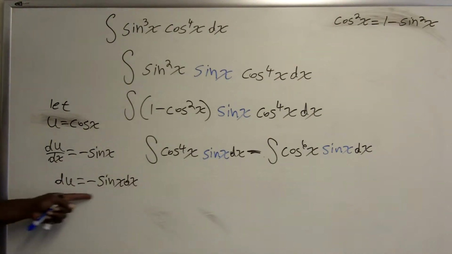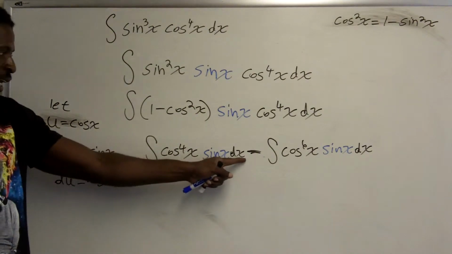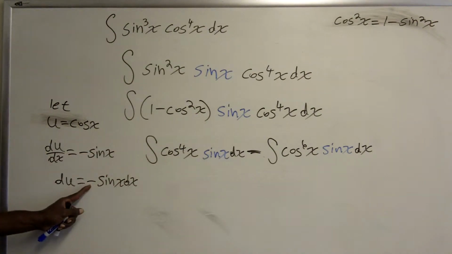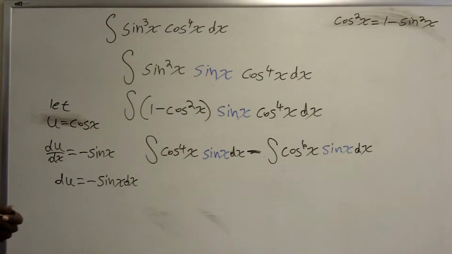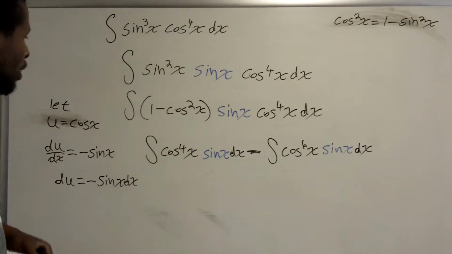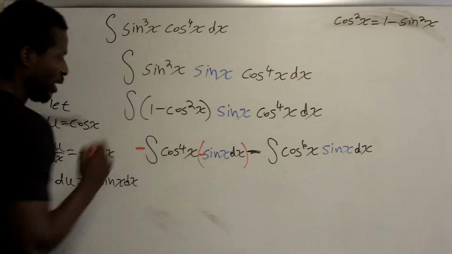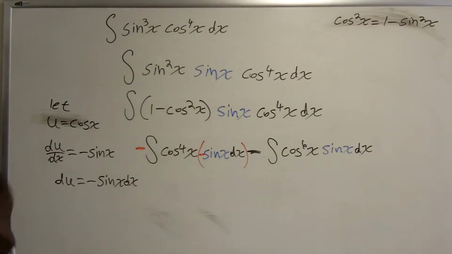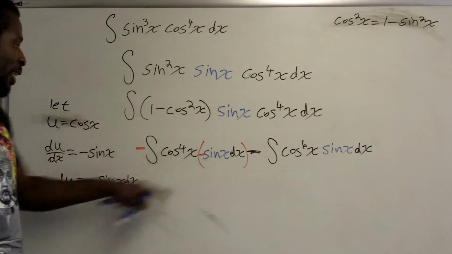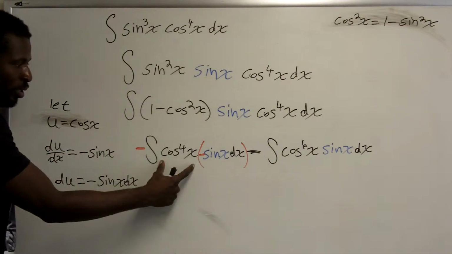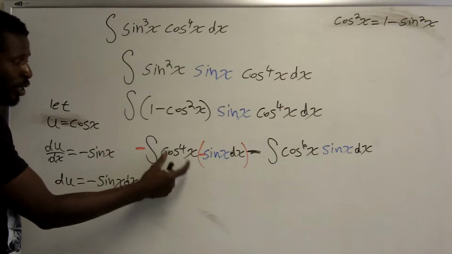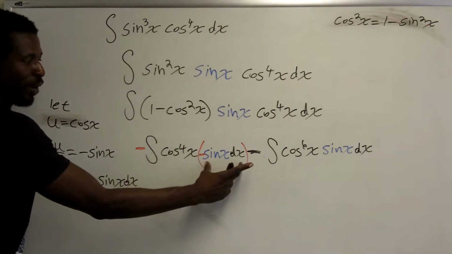So I have everything I need for my du. I have sine x dx. The only thing I'm missing is that negative. So I'm going to put the negative in, and I'm going to put a negative on the front of the integral in order to balance it out. So now this integral is exactly u to the nth, n is 4, and this whole thing right here is du.